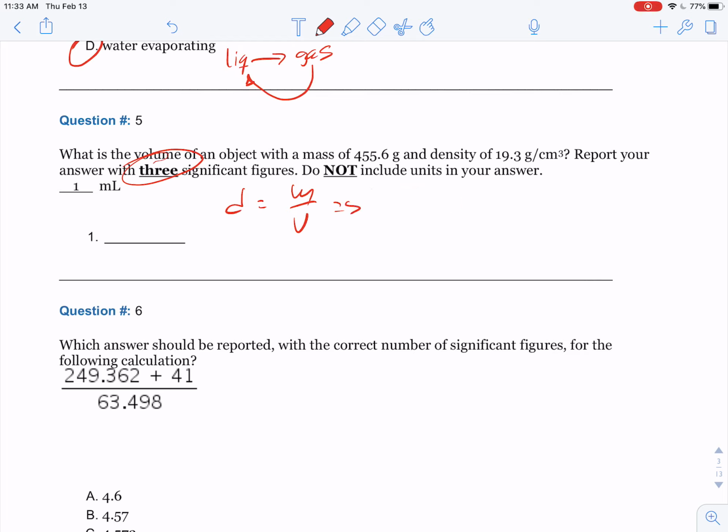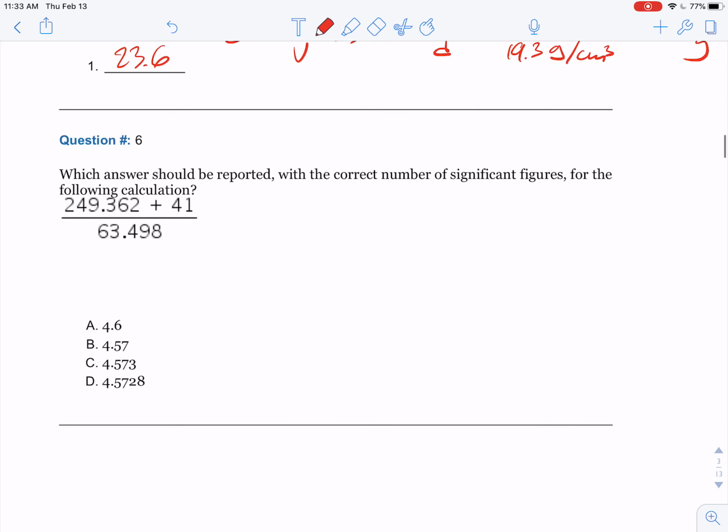It's mass over density, so the mass is 455.6 grams and the density is 19.3 grams over cubic centimeter, which is equal to a milliliter. So this is equal to 23.59. Because you are to report with three significant figures, your answer has to be 23.6.